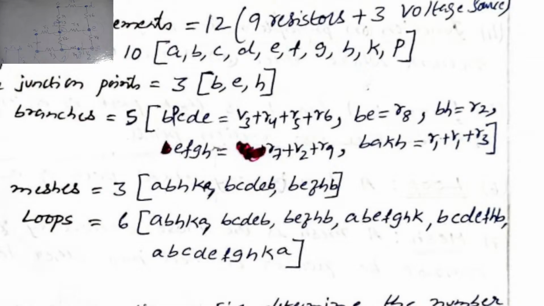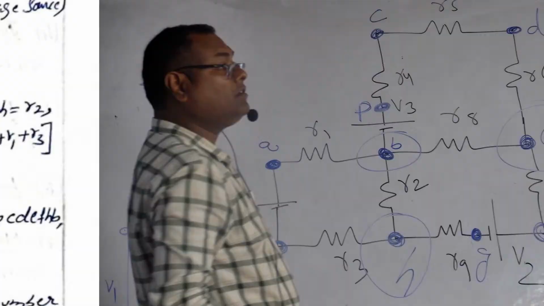Next one, third one. Can I say this is the branch? B and E are the junction points. This is the branch.